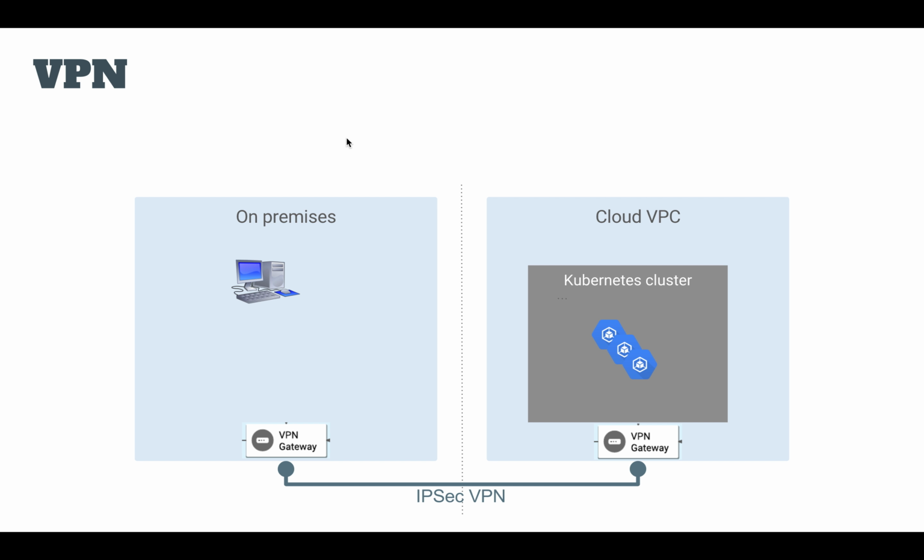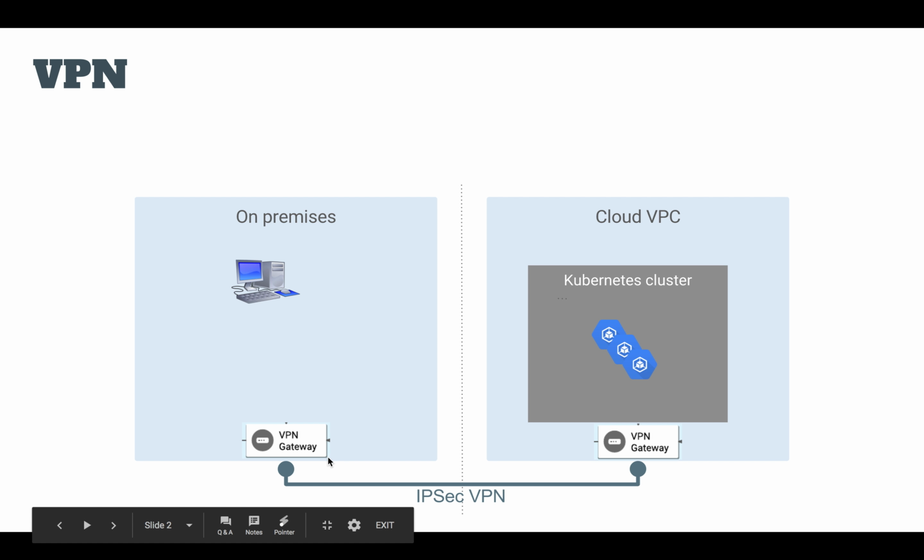And just as a quick review of what a VPN does. If I have my on-premises computing environment and my Google Cloud computing environment on the right, in order for me to connect a computer with an RFC 1918 private IP address on premises to a server or a VM instance running in a Cloud VPC that also has an RFC 1918 private IP address, I have to put in a VPN gateway so those private IP addresses can talk to each other over an IPsec VPN tunnel.